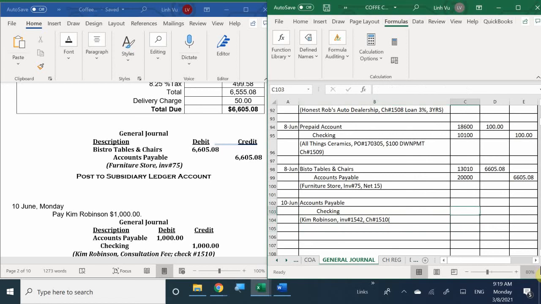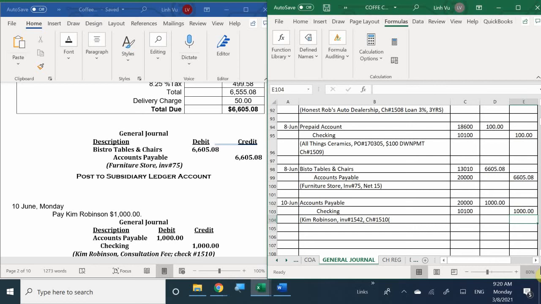Okay. So again, accounts payable account, it should be account 20,000. My checking should be 10,100 and it is for the amount of $1,000. Okay. So now my journal is complete.